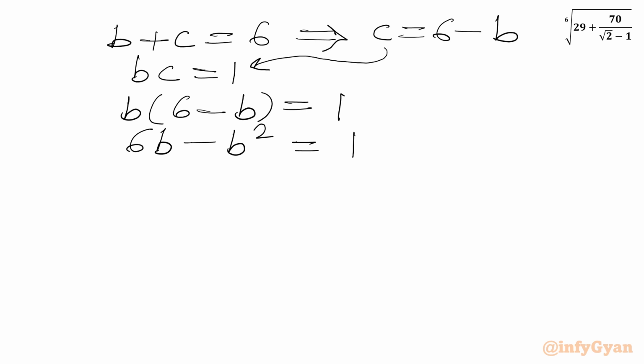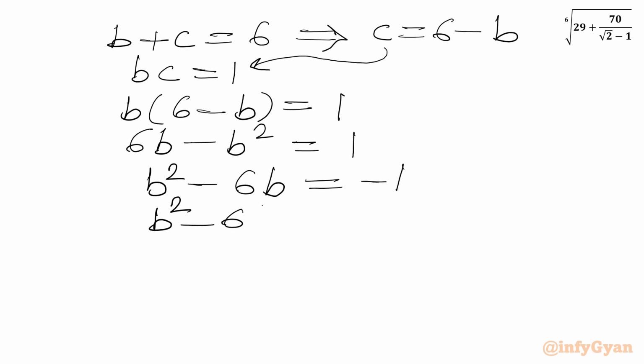Multiply this equation with minus 1. So b square minus 6b equal to minus 1. Now I will add 9 to both sides. b square minus 6b plus 9. In RHS, 9 minus 1. I added 9 to both sides. So in LHS we can write one perfect square.